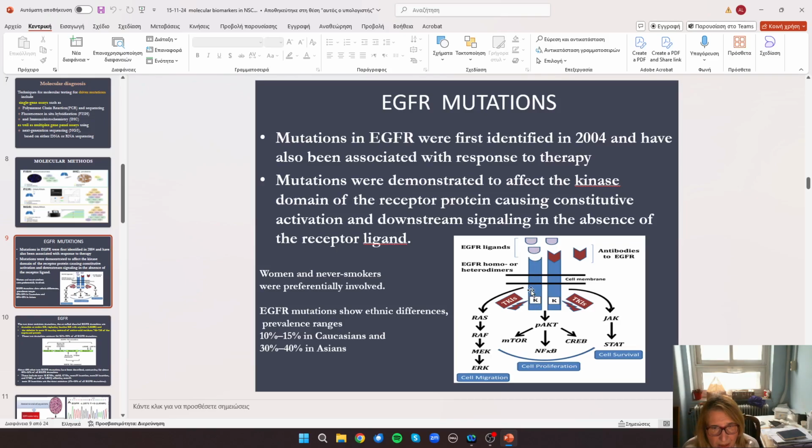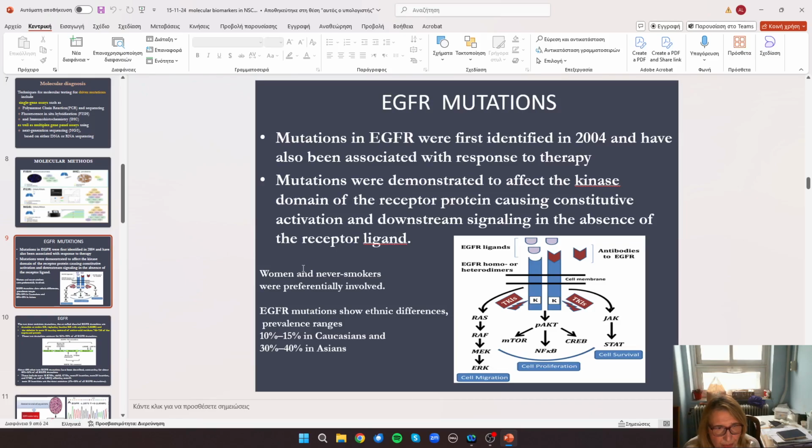The kinase domain is intracellular, and these mutations lead to constitutive activation and downstream signaling in the absence of the receptor ligand. This is the pathway. After the activation of the EGFR receptor, we can see RAS, RAF, MEK-ERK, PI3K-AKT, and JAK-STAT.